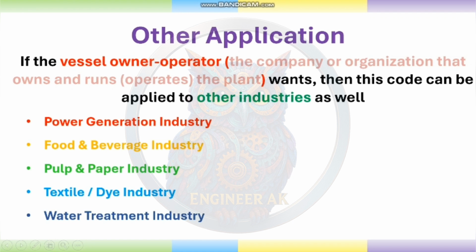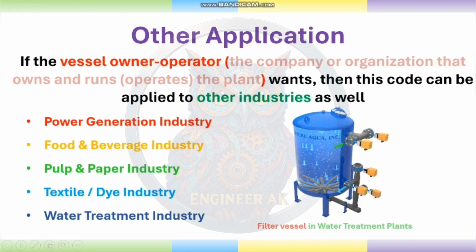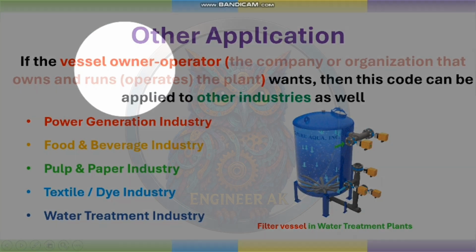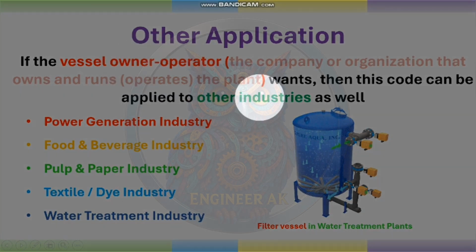Meaning the vessels that are installed in these industries, if the company wants, then they can apply the API 510 code on their vessels as well. For example, filter vessels in a water treatment plant, the company or owner operator can apply this code to his or her industry.